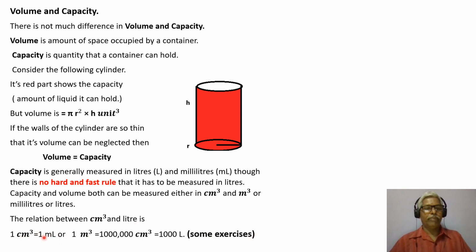By this, 1 centimeter cube is equal to 1 ml, or 1 meter cube is equal to 1 into 6 zeros centimeter cube, that is equal to 1000 liters. If you use this in problems, you will automatically become familiar with it. I will solve some problems.